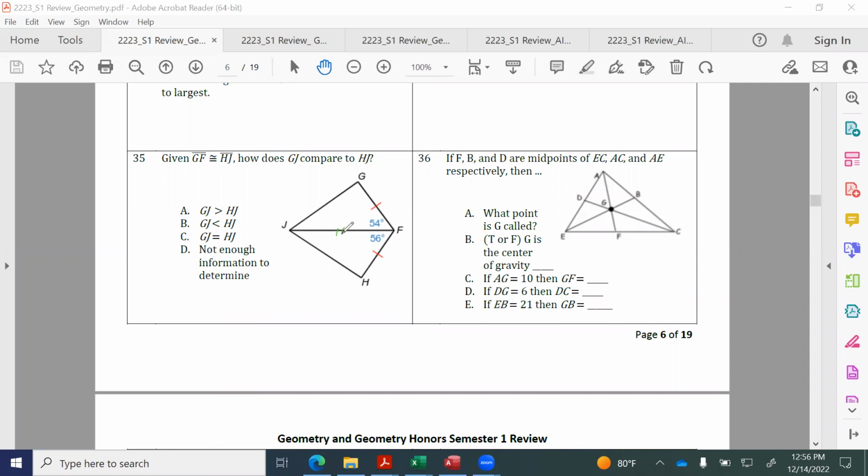So which one's bigger, GJ or HJ? HJ is bigger because 56 is bigger. So since that one is the bigger angle, the side across from it is the bigger side. So HJ will be bigger than GJ. Here they have it listed with a less than sign, so GJ is less than HJ.